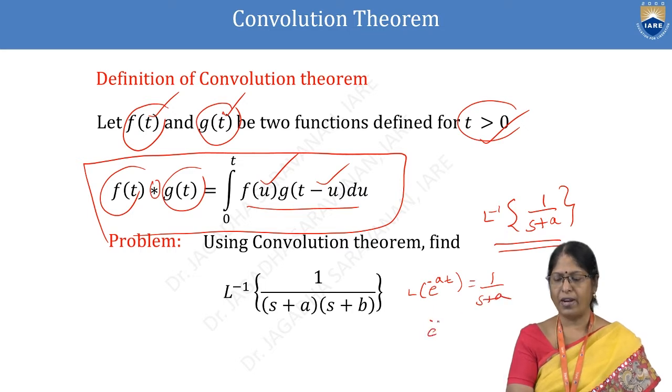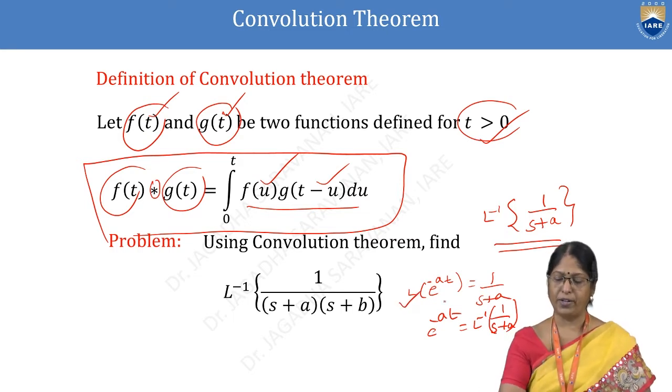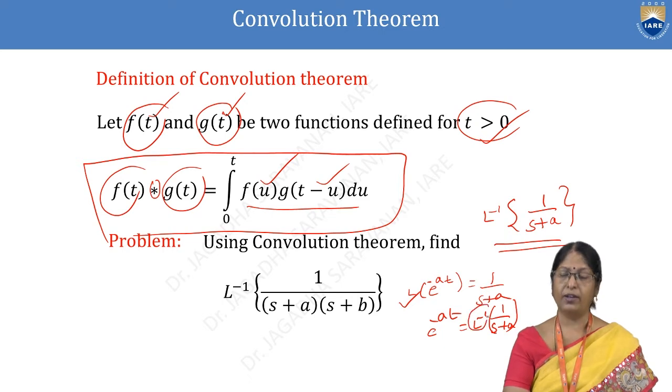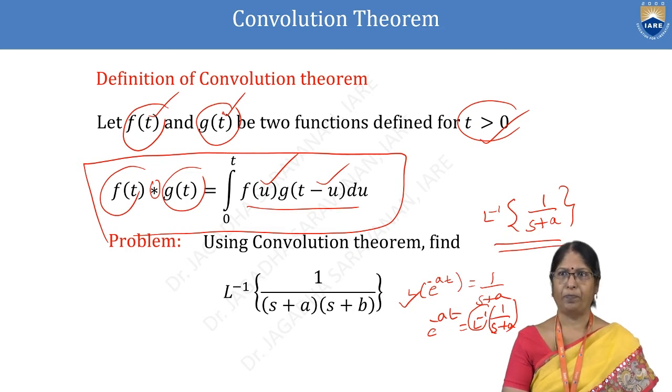So e power minus at equals L inverse of 1 by s plus a. Here L plays the role of the Laplace transform operator, and L inverse plays the role of the inverse Laplace operator.